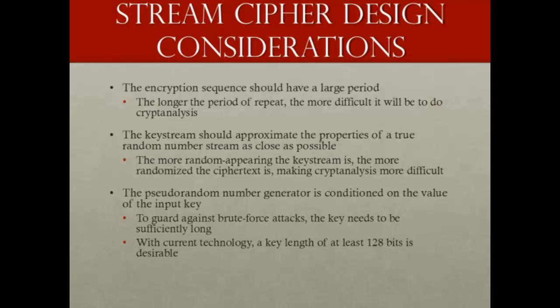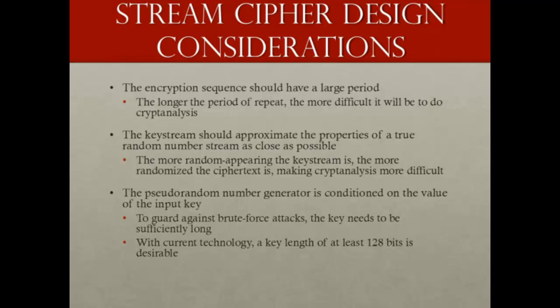2. The key stream should approximate the properties of a true random number stream as close as possible. For example, there should be an approximately equal number of ones and zeros. If the key stream is treated as a stream of bytes, then all of the 256 possible byte values should appear approximately equally often. The more random appearing the stream is, the more randomized the ciphertext is, making cryptanalysis more difficult.